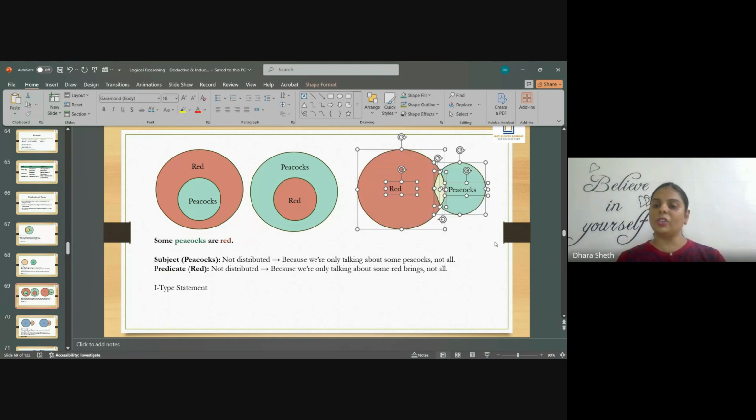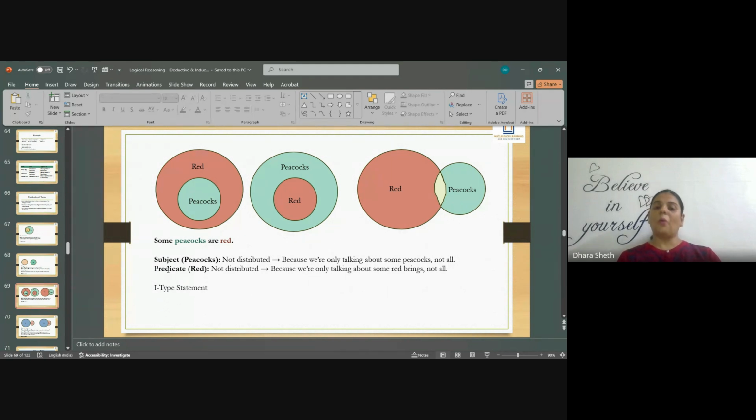But because it is talking about some peacocks only, peacocks cannot be said to be distributed because it is not talking about all peacocks. And because it is not talking about all red beings, only about some peacocks who are red, red also cannot be considered distributed. So here peacocks and red, subject and predicate, both are undistributed.